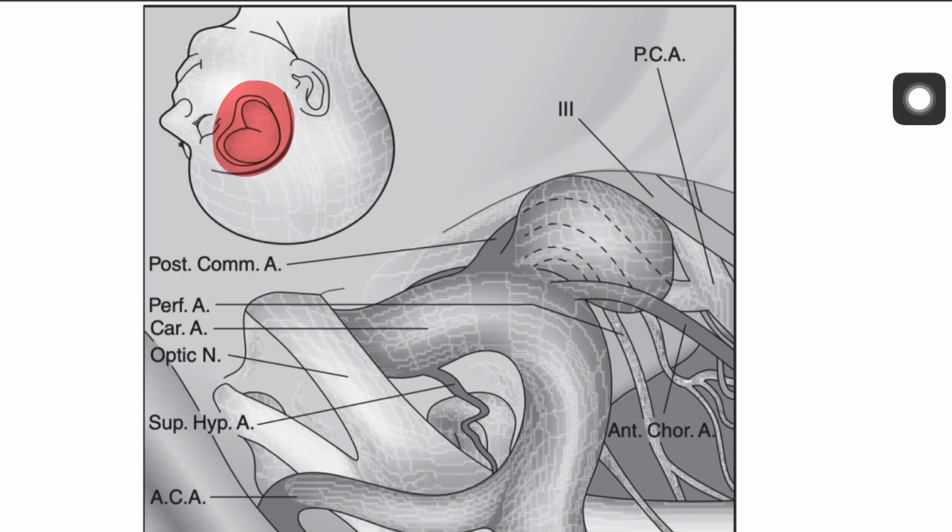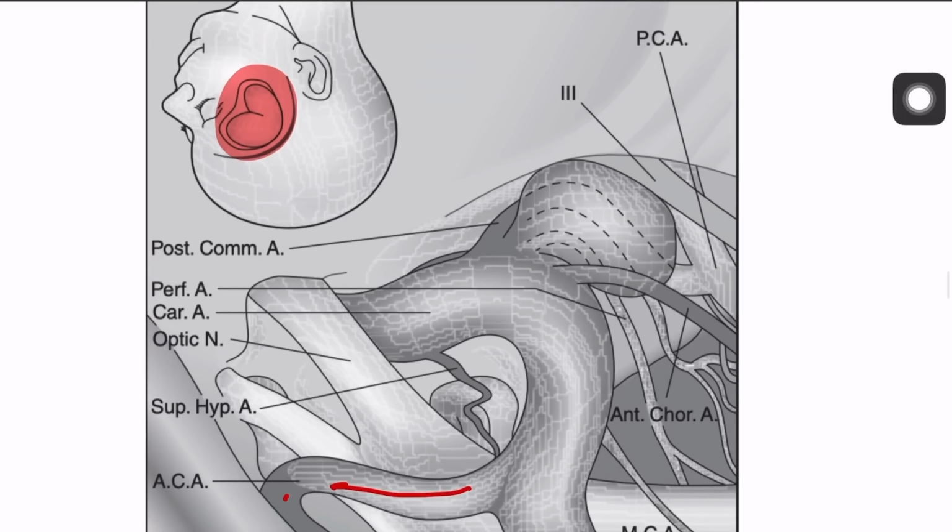You have the internal carotid artery, that big one right there. This is the anterior cerebral artery, this is the middle cerebral artery, and that's the internal carotid artery. On the other side, you have the basilar artery, giving off the posterior cerebral artery there, and the superior cerebellar artery there.